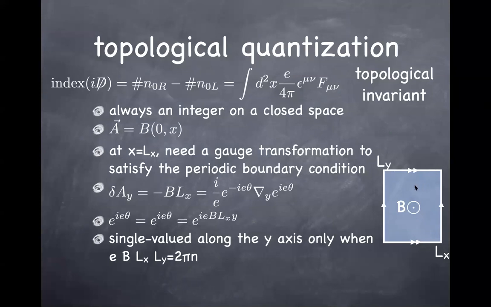I emphasize, this is one example where I can explicitly demonstrate why this integral has to be an integer, but it's independent of this particular choice of space, because on the next slide I'd like to show you how it works on a sphere instead of a torus. But anyway, any questions about this?